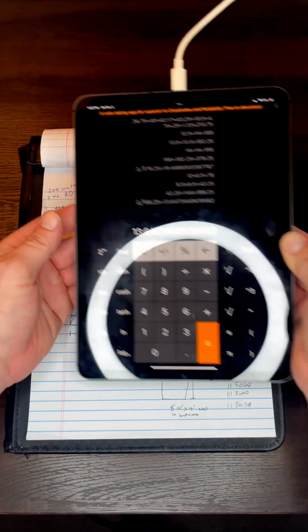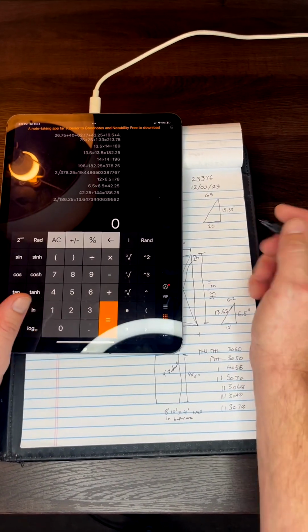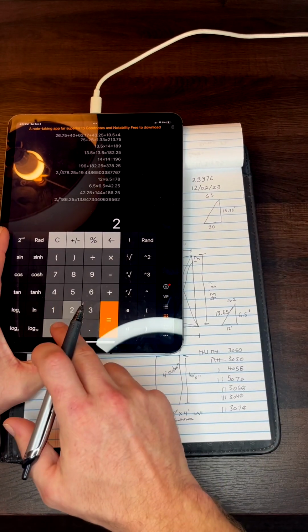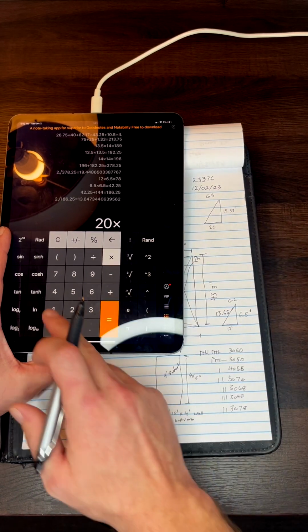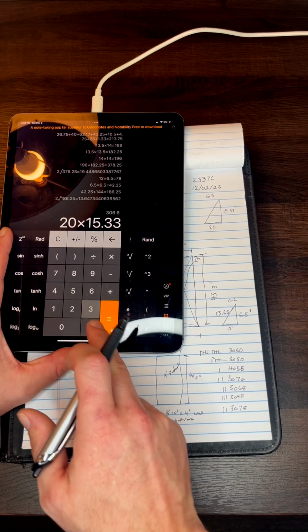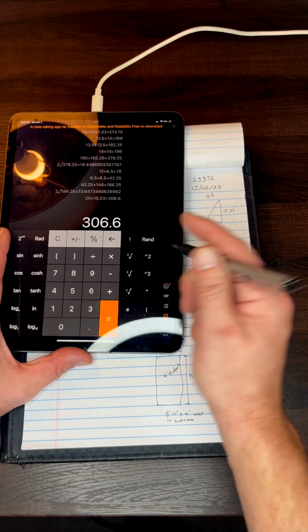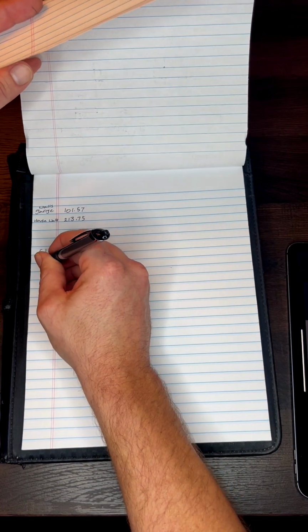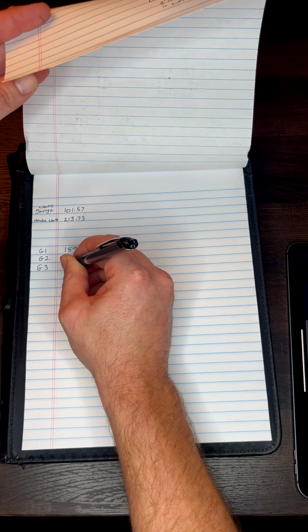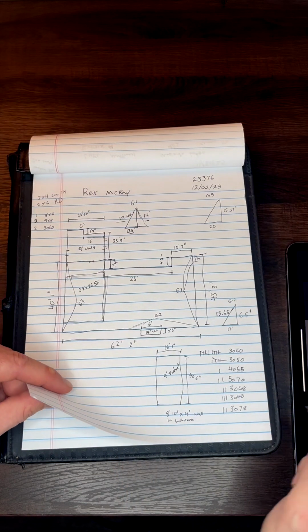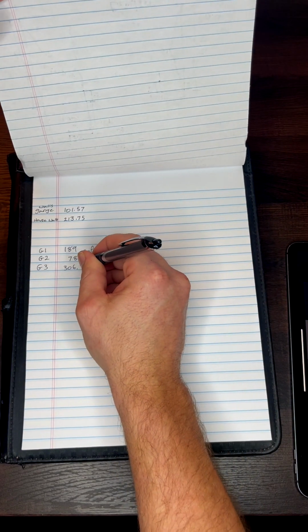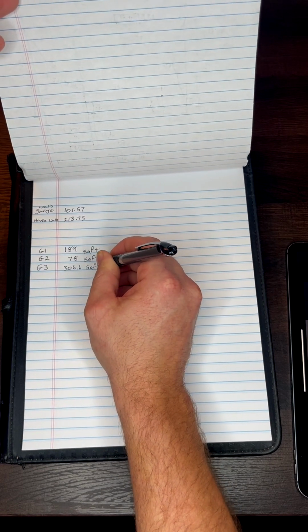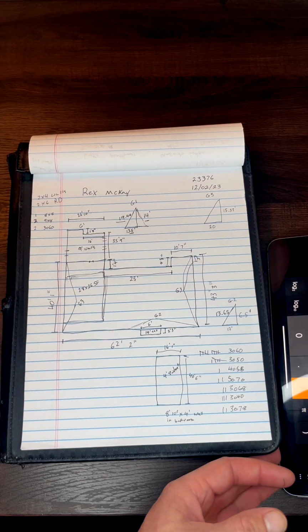Okay. So now G3, right here. We're gonna do 20 times 15.33 equals 306. It's actually 0.6 square feet. Okay.